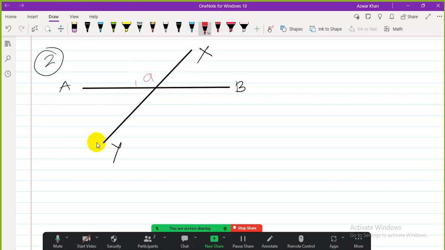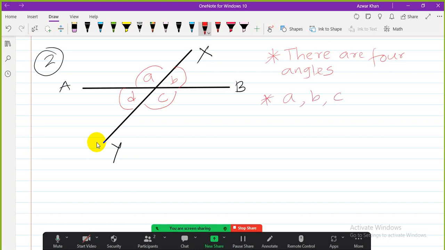This angle is A, this is B. Similarly, I can form angles here also, C and D. Now how many angles are there in total? 4. So there are 4 angles: A, B, C and D.